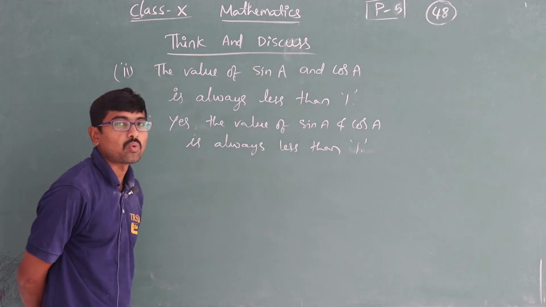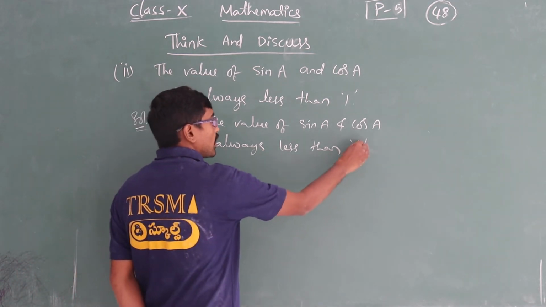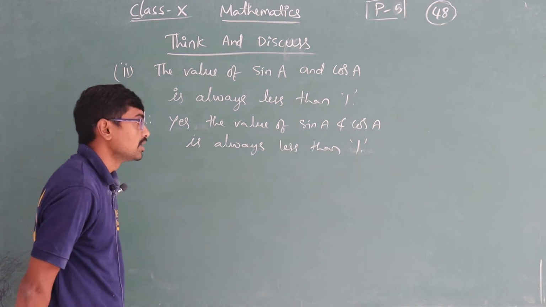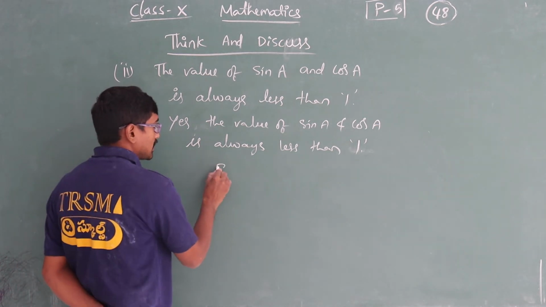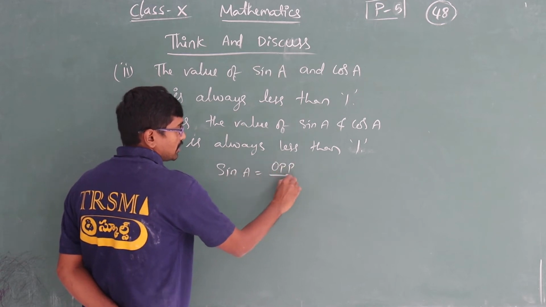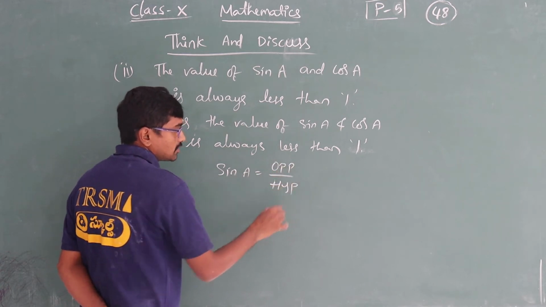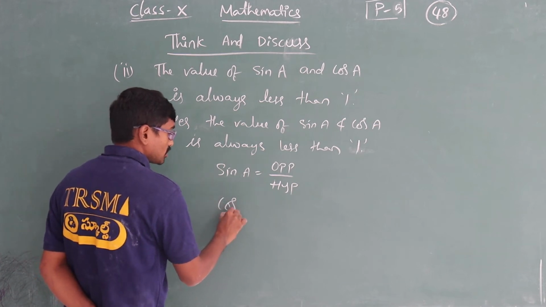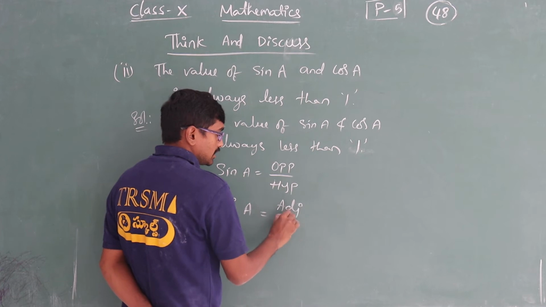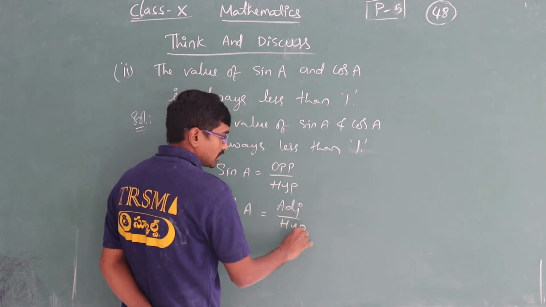So what is the reason why the sin value and cos value are always less than 1? Because what is sin? Sin A is equal to opposite divided by hypotenuse. And if I take cos A, I'll get adjacent side divided by hypotenuse side.